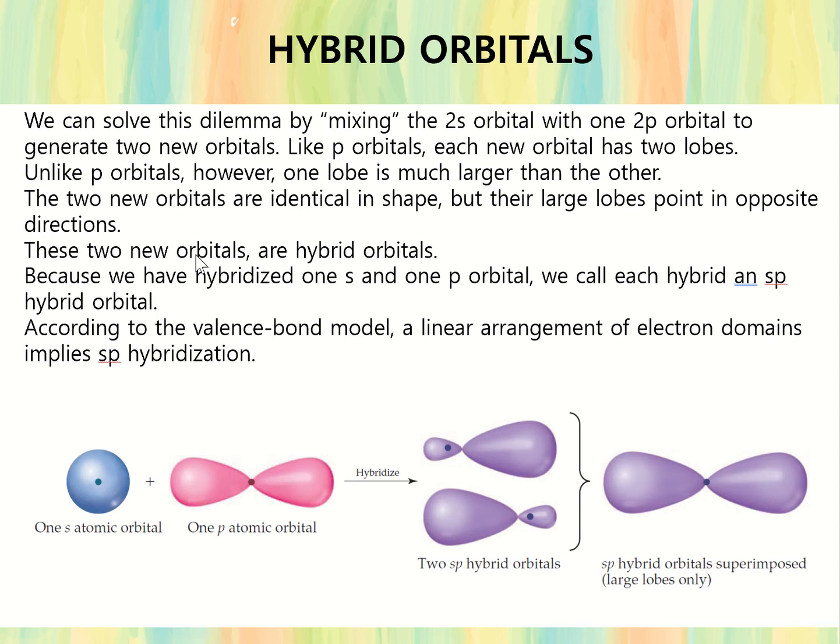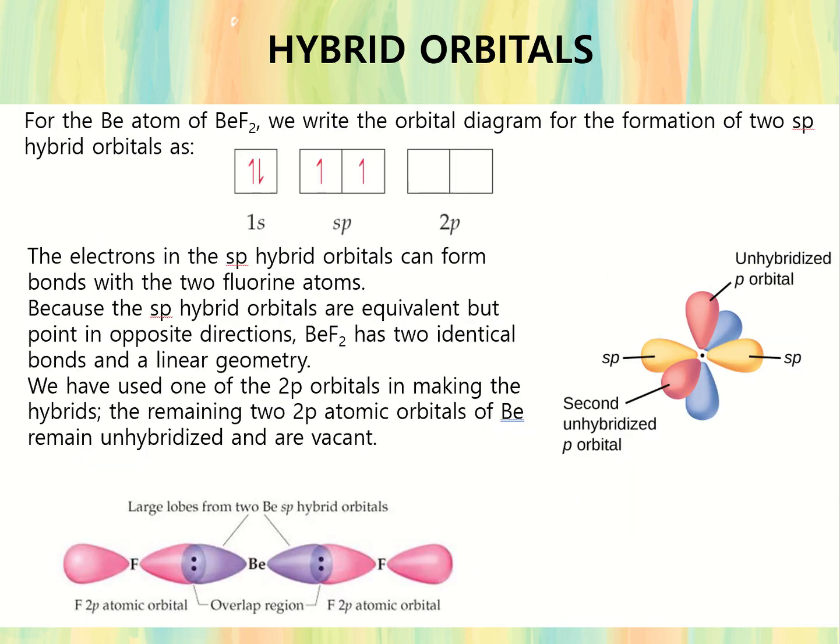So according to the valence bond model, a linear arrangement of electron domains implies that we have sp hybridization. So this is how we would know.